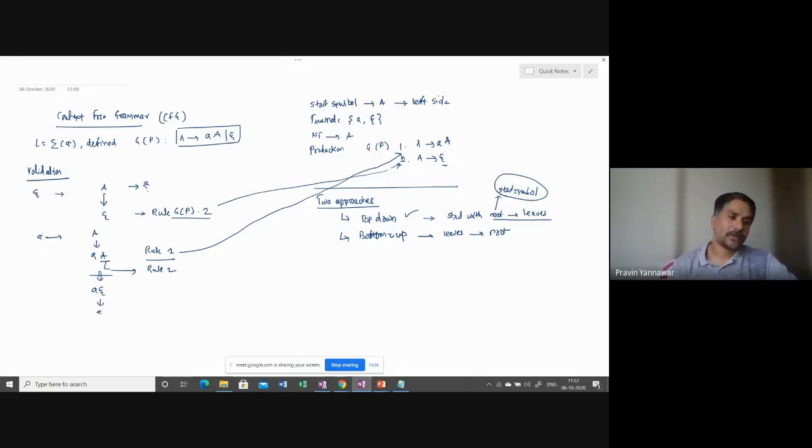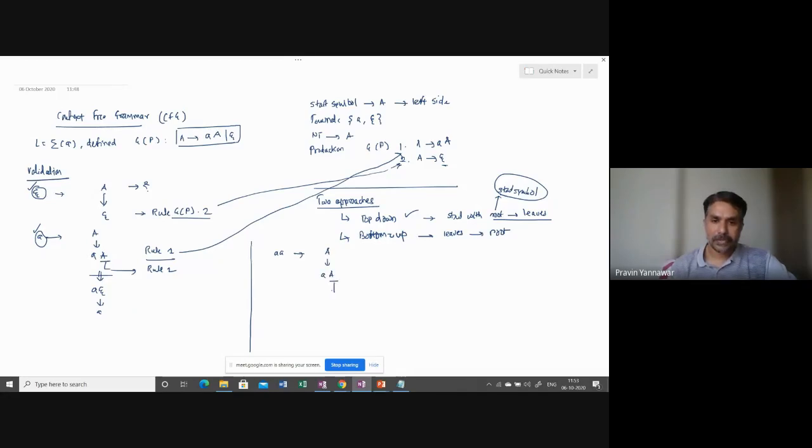A epsilon is A only. So you can produce A, you can produce epsilon. Now can I have two A's here? It is a simple case. A is substituted as AA.